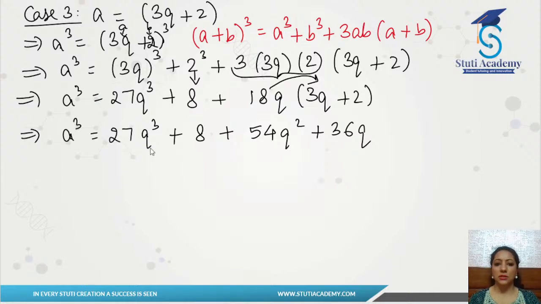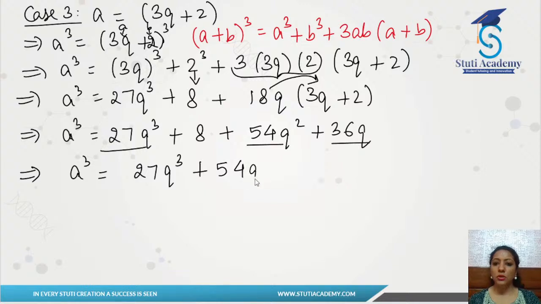So I'm rearranging the terms. I'll take these 3 terms together and plus 8, I'll keep it aside. So I will get a cube is equal to 27q cube plus 54q square plus 36q plus 8. So I've just rearranged the terms.